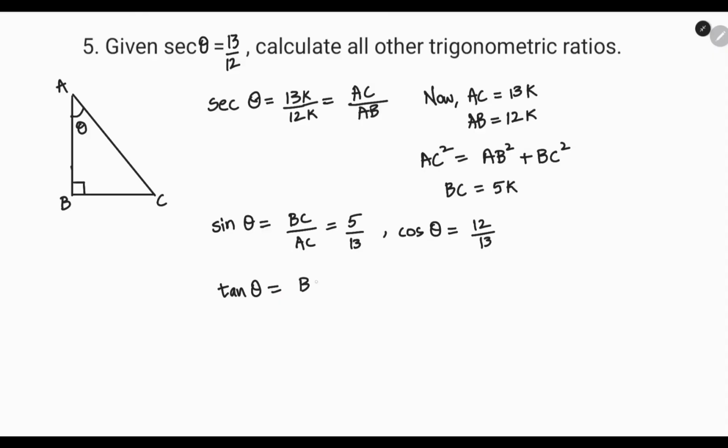So that will be 5 by 12. Next, cot theta, which is 12 by 5. Basically, if you know one trigonometric ratio, you can find all the others, like how we did in this problem. But you can still simplify it.